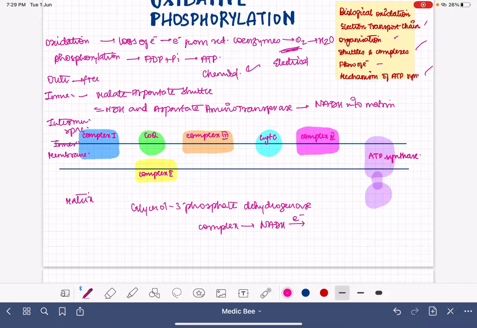From NADH, electrons are transferred to FAD, which accepts the electrons and is transformed into FADH2. So NADH enters through the malate aspartate shuttle, and FADH2 passes through the glycerol 3-phosphate shuttle.